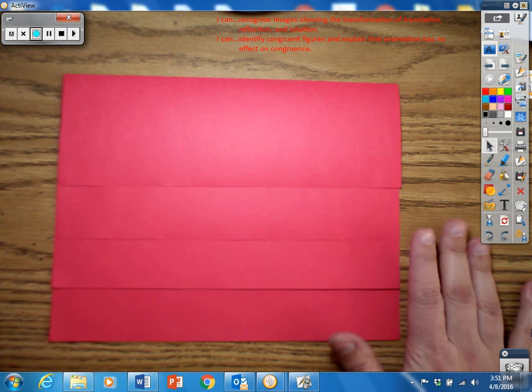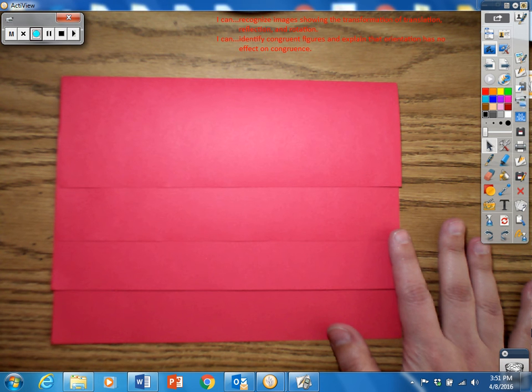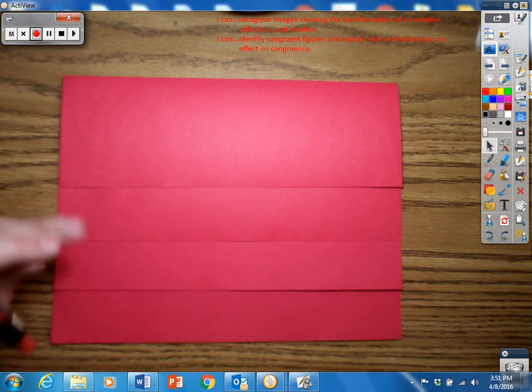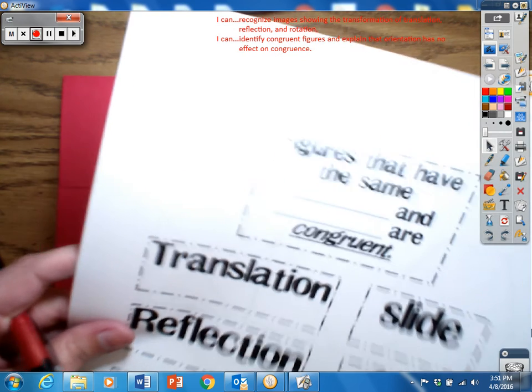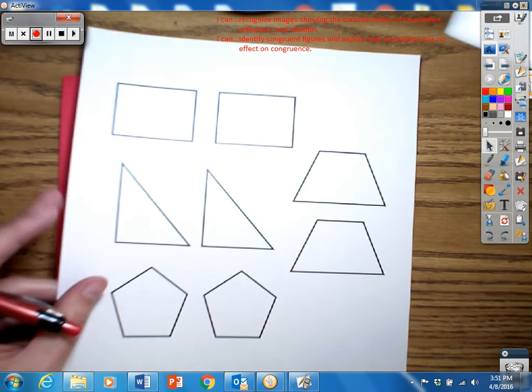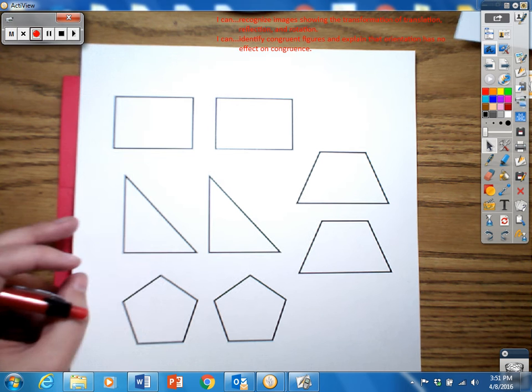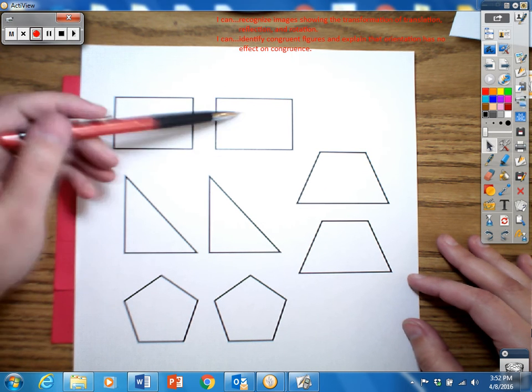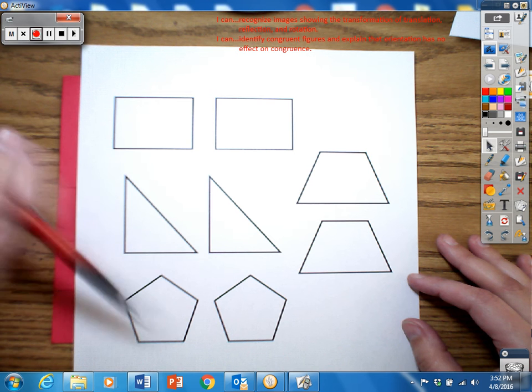Now our I can statements of I can identify congruent figures and explain that orientation has no effect on congruence is what we're going to start with. And we're going to look at the figures on our piece of paper here. They are all polygons. And as you can see, all of these figures are congruent to each other.